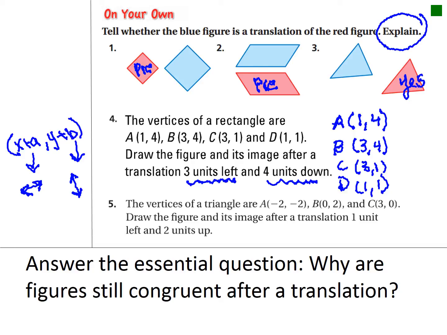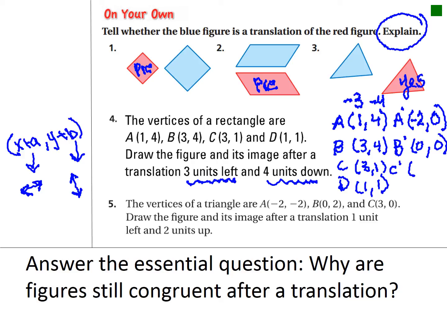For moving 3 units to the left, we're going to take away 3, and 4 units down, we're going to take away 4. So 1 minus 3 is -2. 4 minus 4 is 0. B's image, 3 minus 3 is 0. 4 minus 4 is 0.